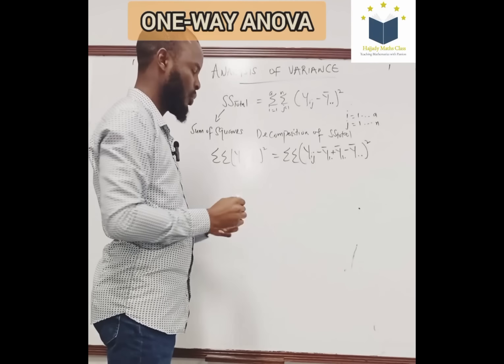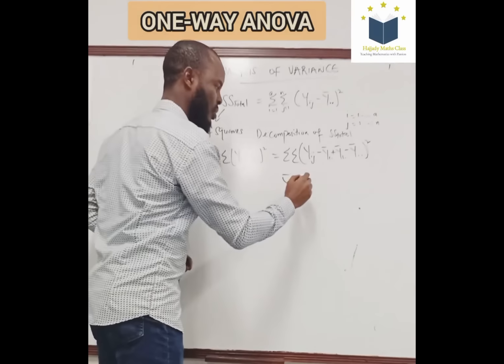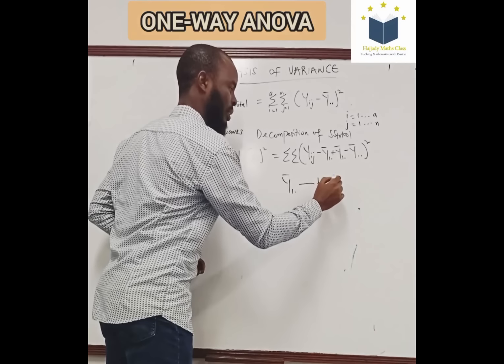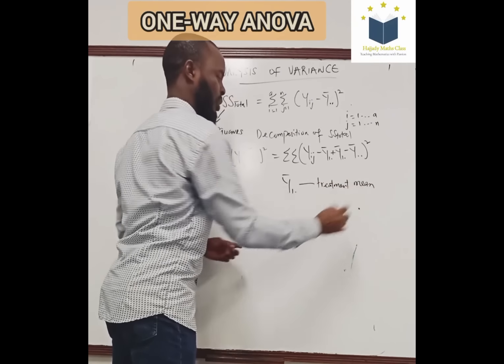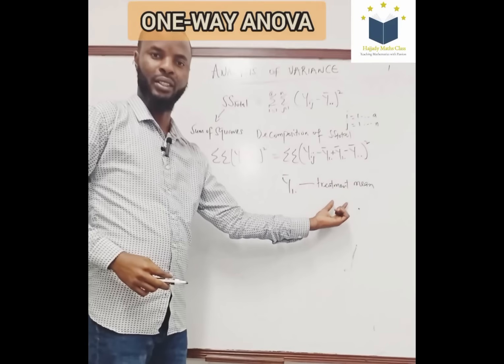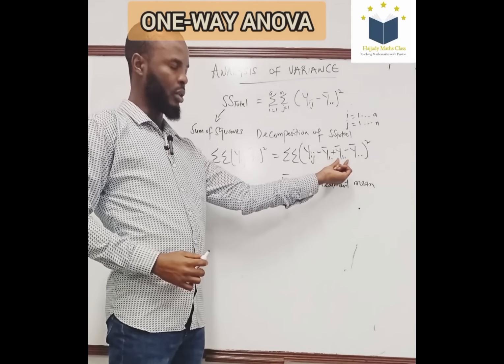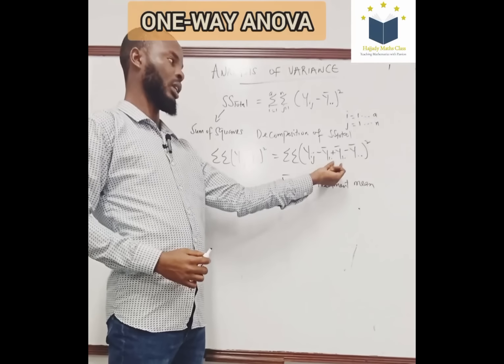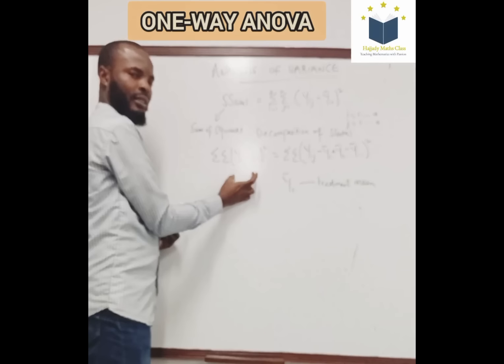Don't forget, this is what we have initially. So my yi dot bar is known as the treatment mean. So minus yi dot bar plus yi dot bar can cancel out, which shows that this is still the same thing as this.